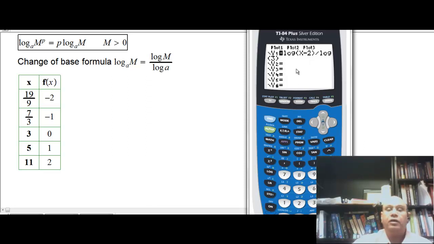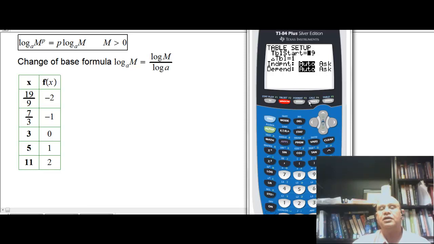To graph it? No, I'm not graphing. I'm just going to manually calculate all the values. So here, let's go to the table setup.